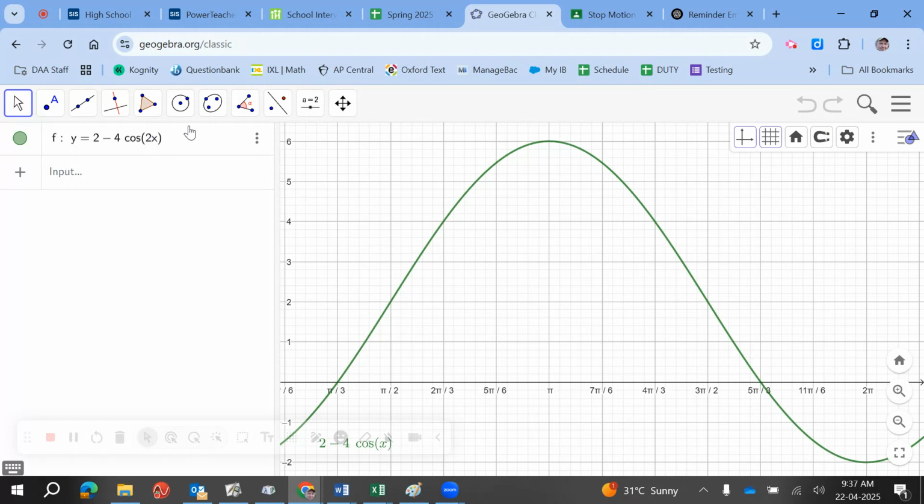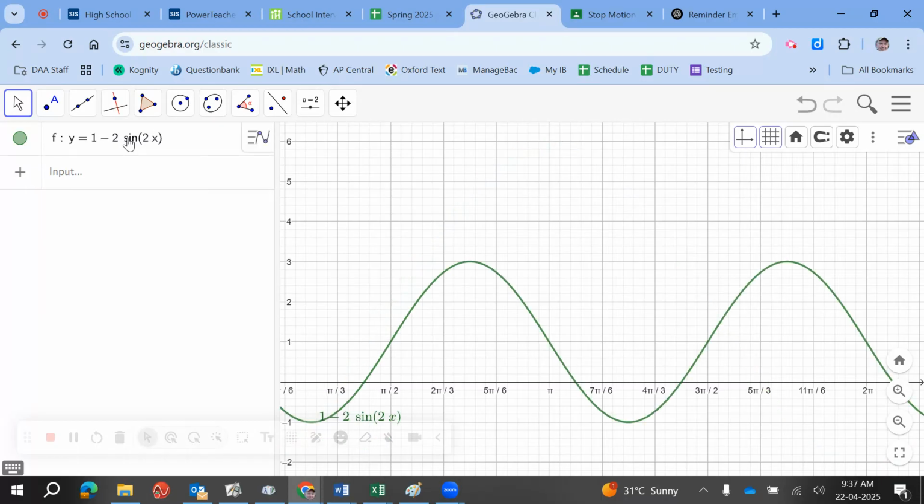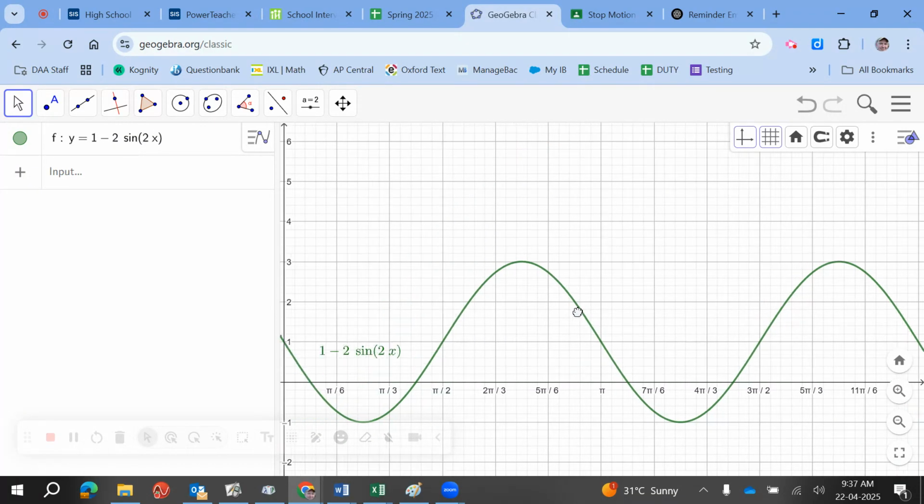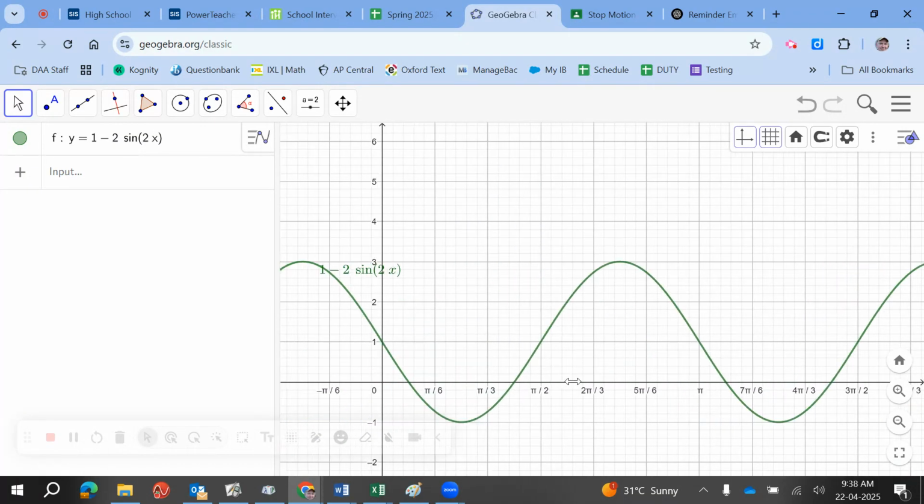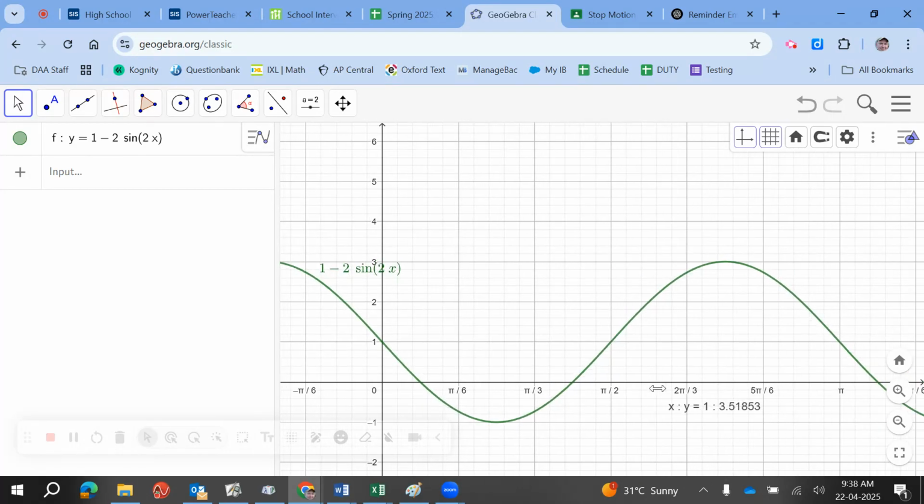Yeah, we're doing this one. So we're looking at this graph. We're going to get our minimums here and here. We're going to get our maximums here and here.